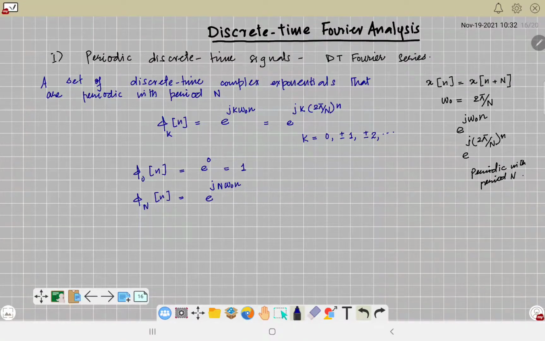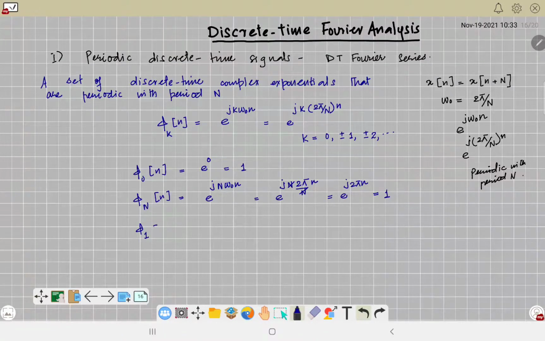And since omega naught is equivalent to 2 pi by N, it will be e raised power j 2 pi n, which is again equivalent to unity.